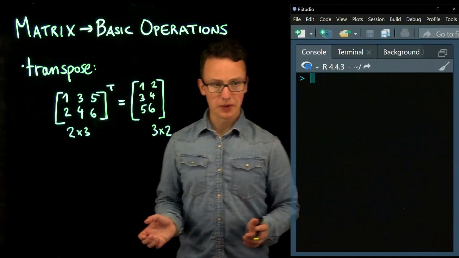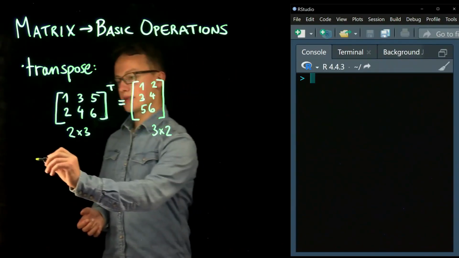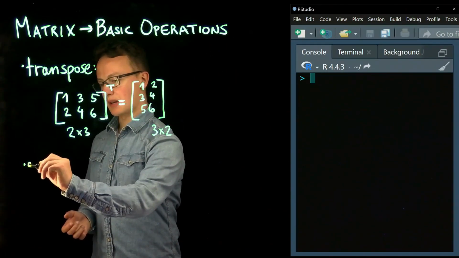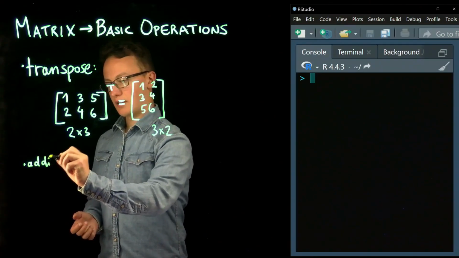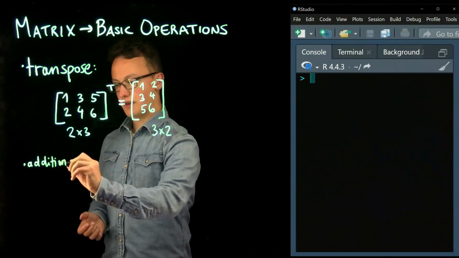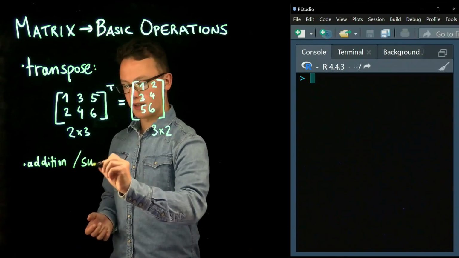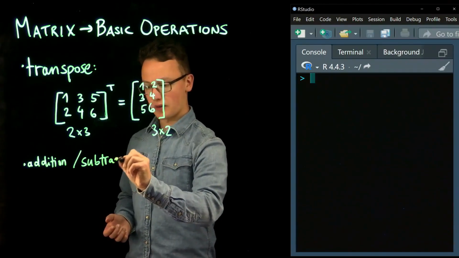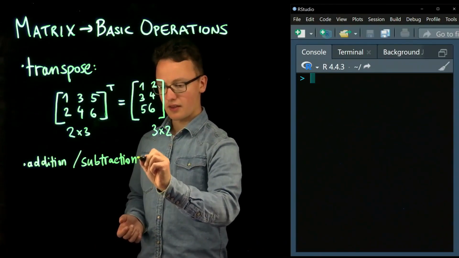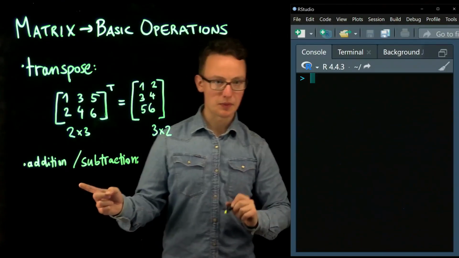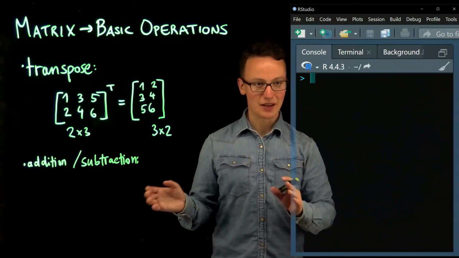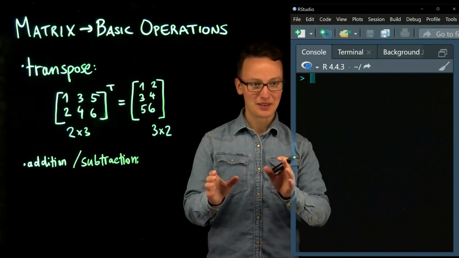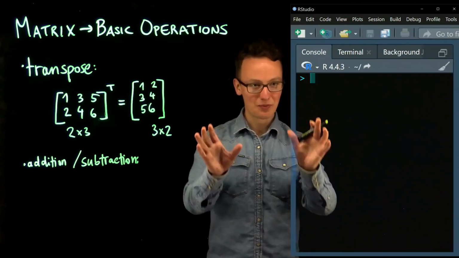Another basic operation on matrices is matrix addition and matrix subtraction. These are also very easy to grasp because they work in a quite simple way. The only thing to consider here, of course, is when we are adding or subtracting stuff, we are always doing this in relation to 2 objects, okay?